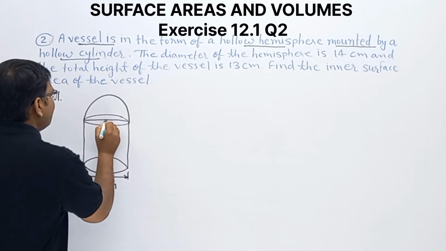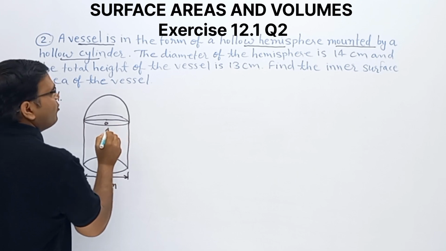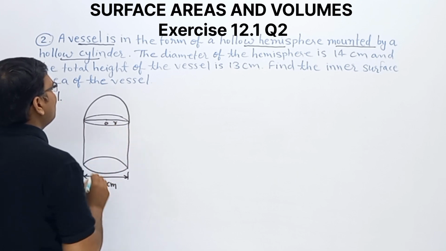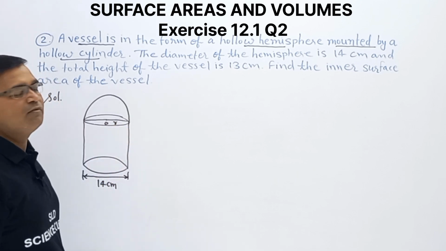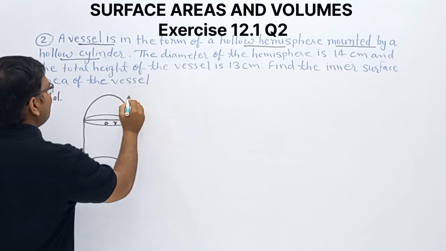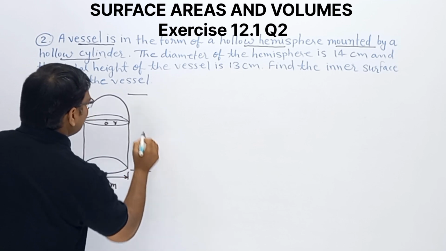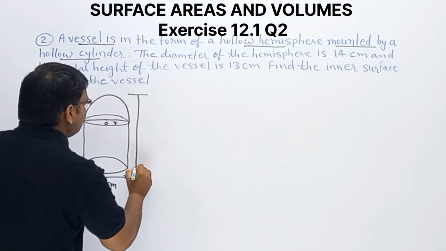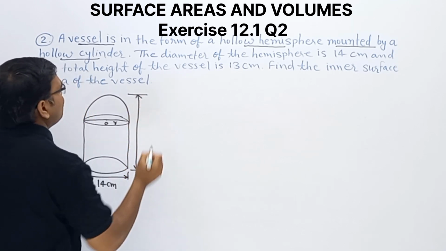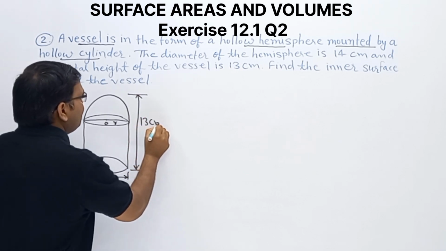Half of the diameter, from the center O, will be the radius. And the total height of the vessel is 13 centimeter.